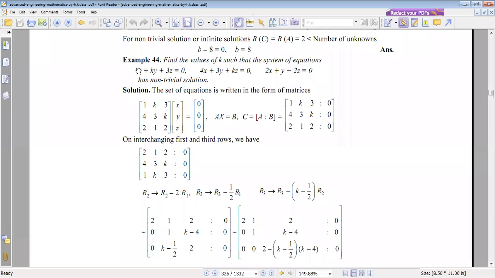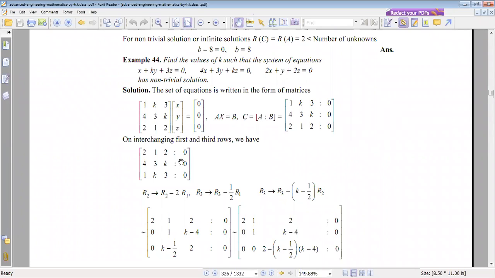We can write this as [1 k 3; 4 3 k; 2 1 2] into the column matrix x, y, z. The right-hand side is already equal to 0, so your augmented matrix is this one.